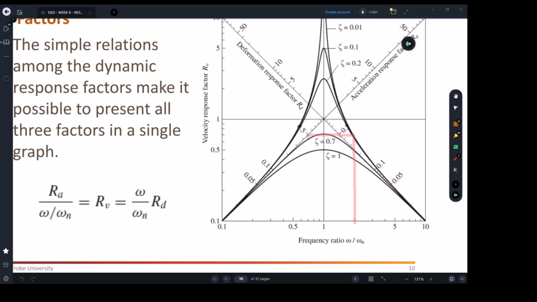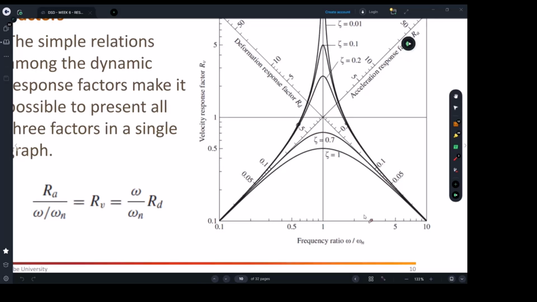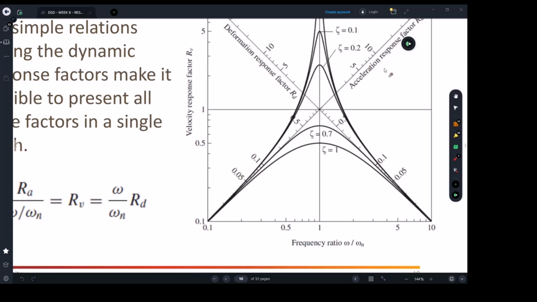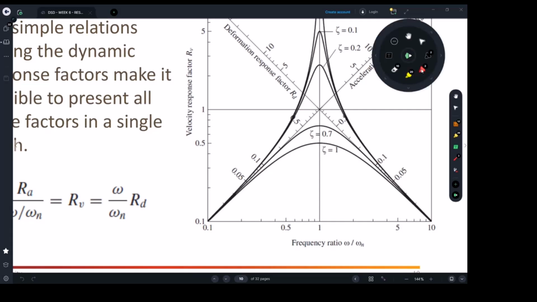If you keep going this way, it's going to be also 2 for the acceleration. And if you keep going this way, you can get your velocity as well. So you see, with 2 lines, you are able to measure. Sorry, I think I missed something. Let me explain this again, because I think I showed you for one value.